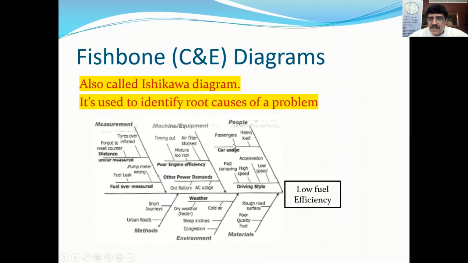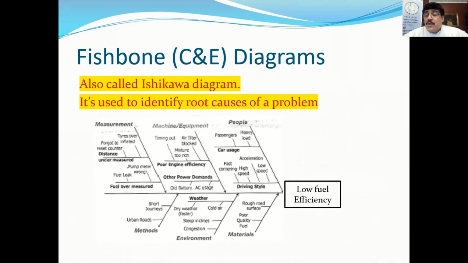Within car usage, is it passengers? Is it a heavy load? And so on. Is it a weather problem? So you try to put all the possible root causes of a problem into a fishbone. This fishbone tool will help you brainstorm, bringing together all the ideas that you have.